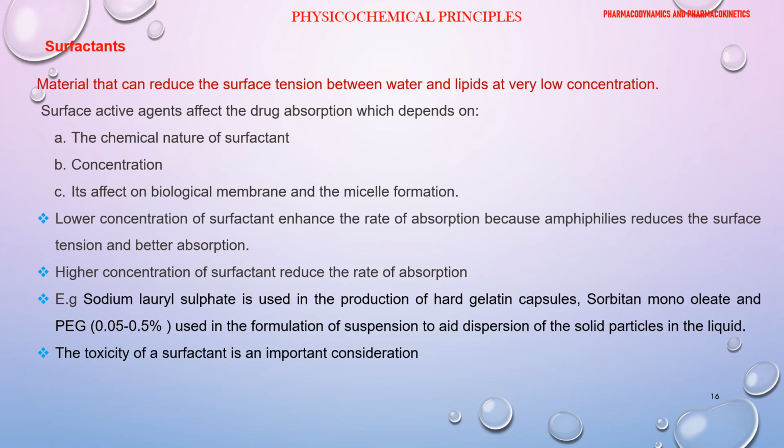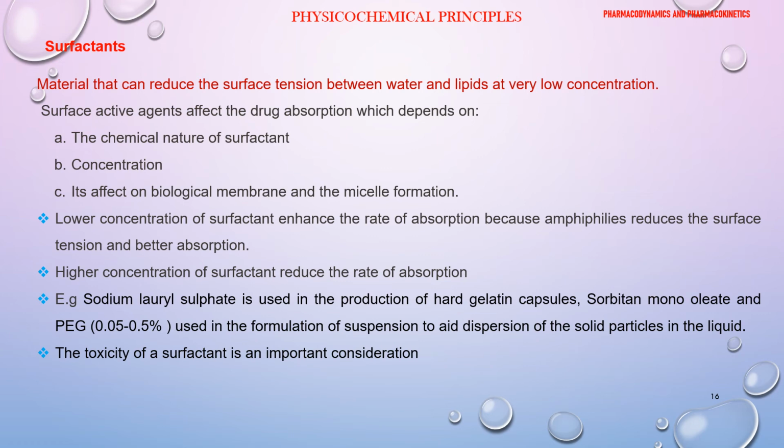The surface active agents or surfactants can be categorized based upon the charge they carry, like ionic, neutral, etc. Lower the concentration of the surfactant, greater the rate of absorption.